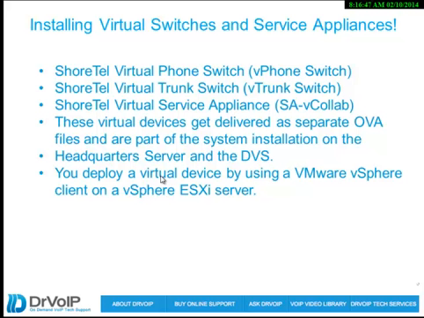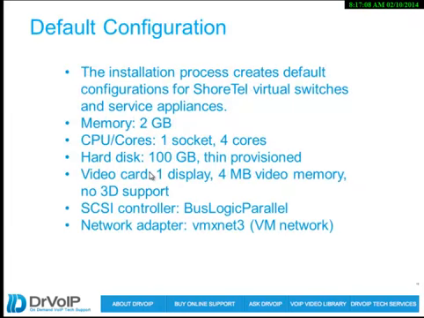This is not a tutorial on VMware, so we assume you have some experience with this. But you will deploy your ShoreTel switches from an OVA file, and the OVA files are located on the headquarters server. I'll show you how to point at that and download that.